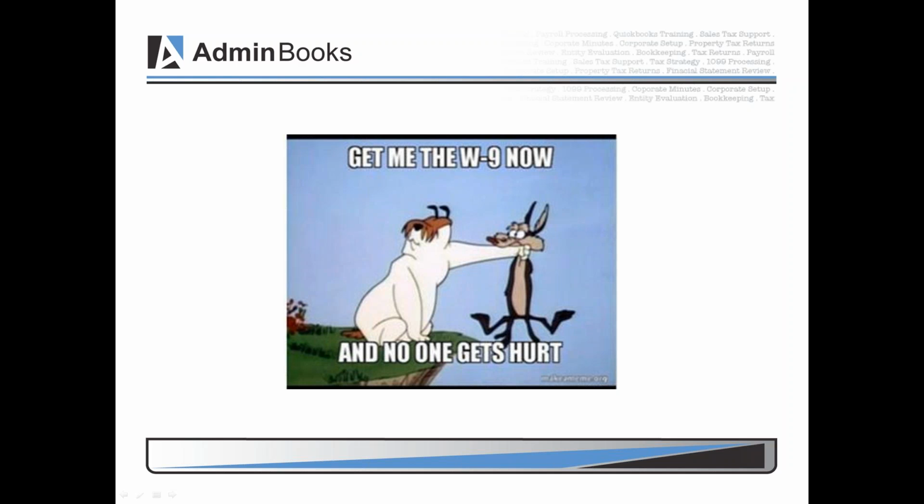And one other item that I have, this isn't a specific thing, but it's been asked of me a couple of times: what to do if you need to issue a 1099 and you can't get the W-9 filled out and you can't get an SSN. What the IRS says about that is that you want to make sure that you're still being compliant. So you definitely still want to file one and have that SSN box blank.